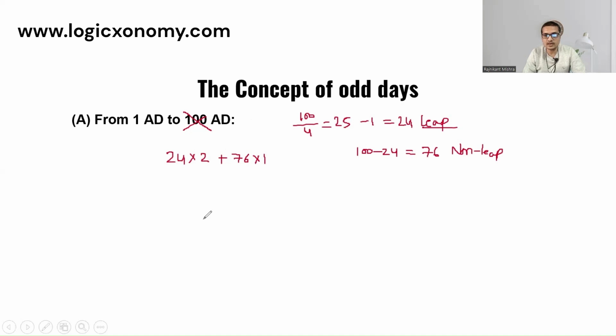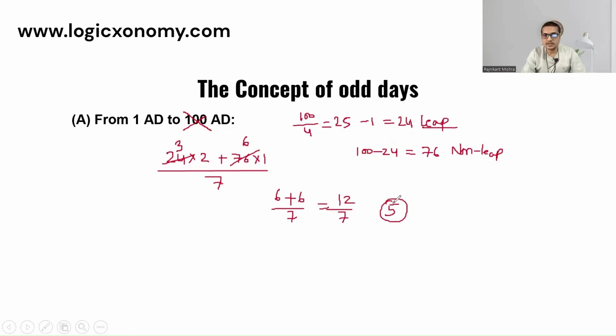It means the total number of odd days is (24 into 2 plus 76 into 1) divided by 7. 24 by 7, the remainder is 3. 76 by 7, the remainder is 6. 3 into 2 is equal to 6, plus 6 into 1 is equal to 6, so 12 by 7, the remainder is 5.